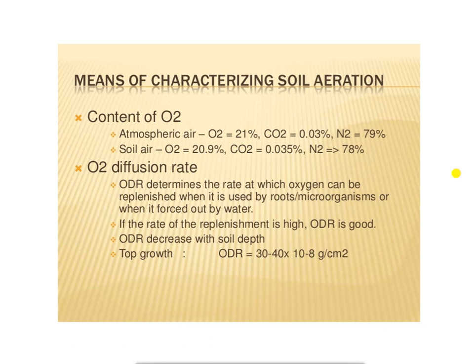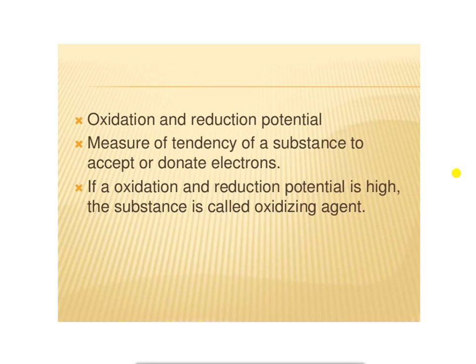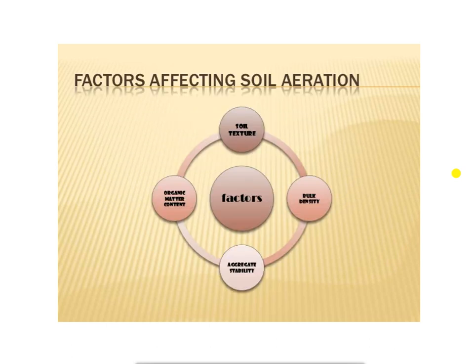Then there is oxidation reduction potential. If the oxidation reduction potential is high, the substance is called an oxidizing agent, which oxidizes the gases. The extent of gases oxidized is greater when the potential is high.